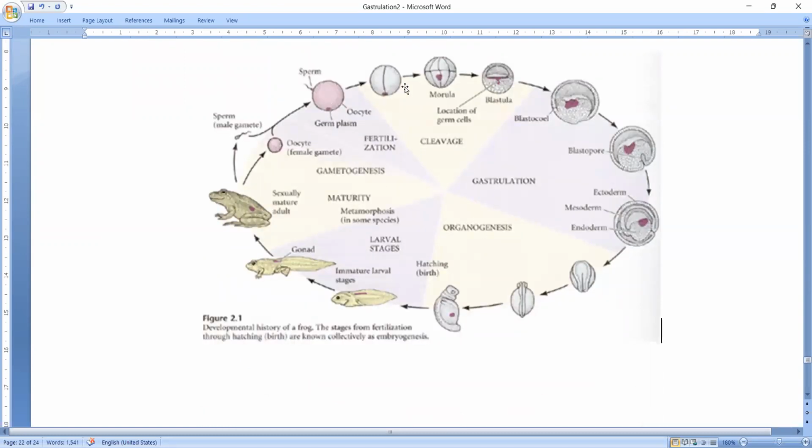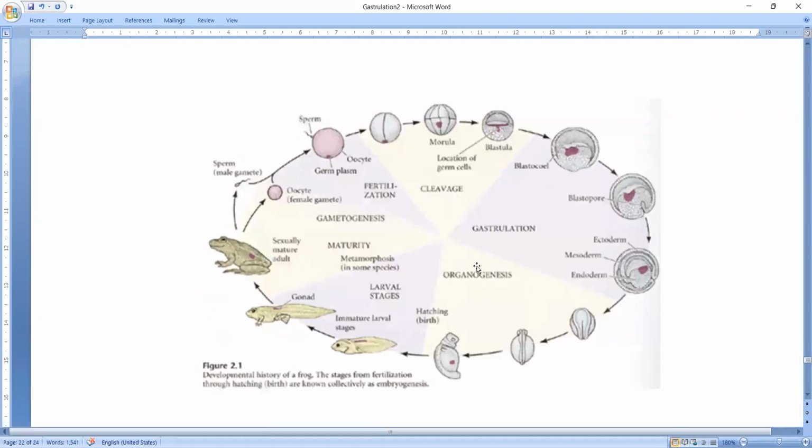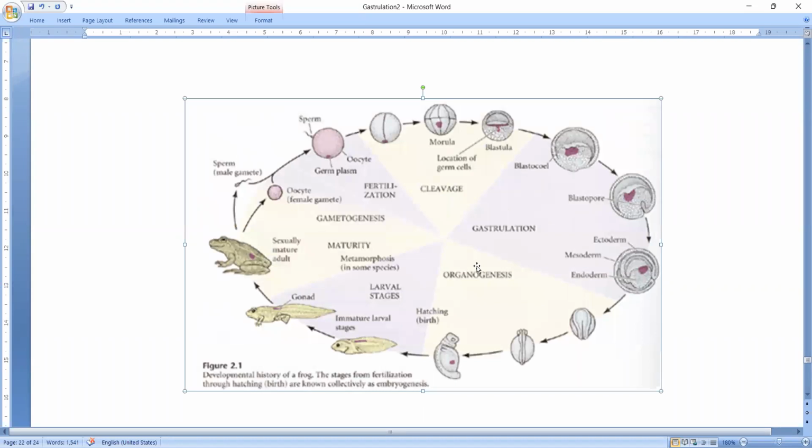Here fertilization is going on. This is how the blastula and blastopore develop. This is the gastrula. Then the larva: 4 mm, 8 mm, 11 mm. Now the adult. So this is the development of frog.